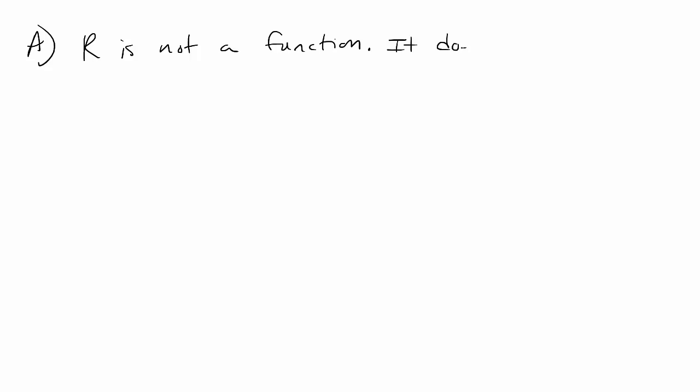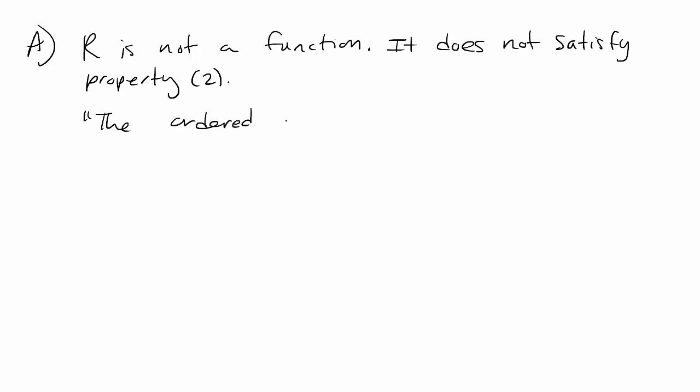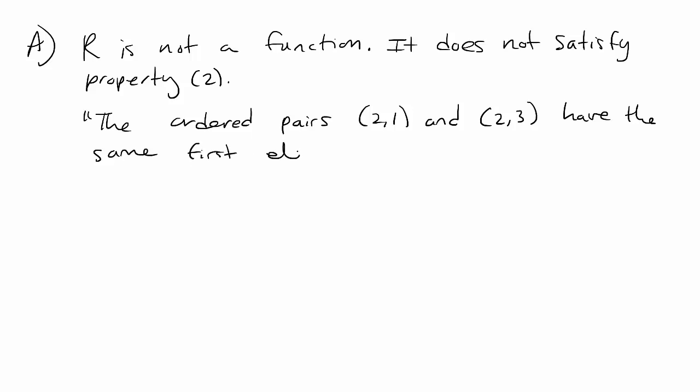It does not satisfy property 2. And you can describe this by saying that the ordered pairs (2, 1) and (2, 3) have the same first element, but different second elements.